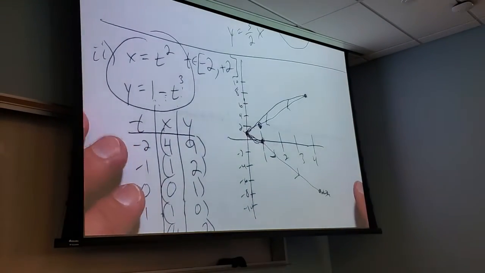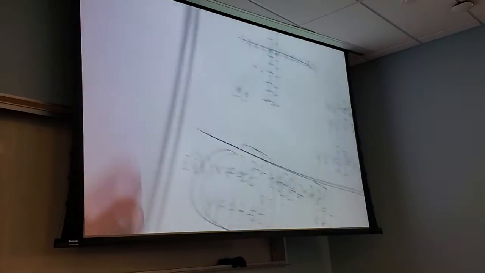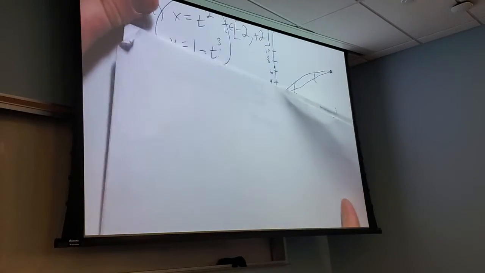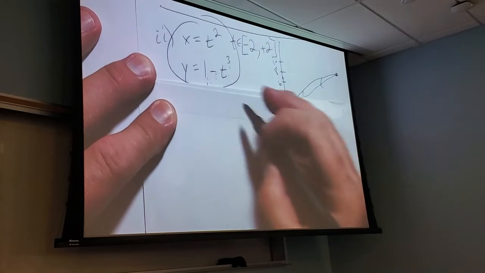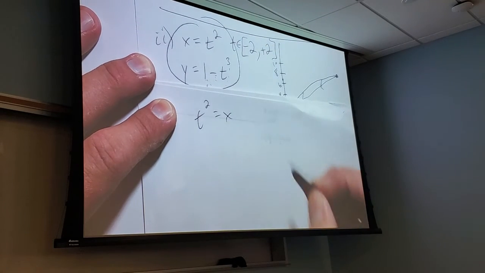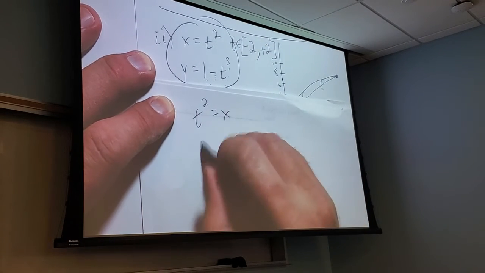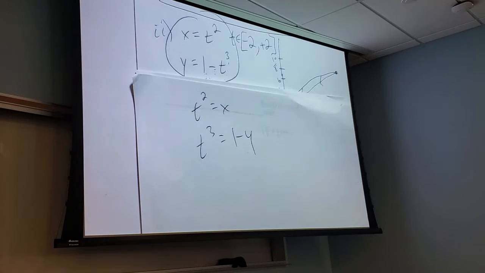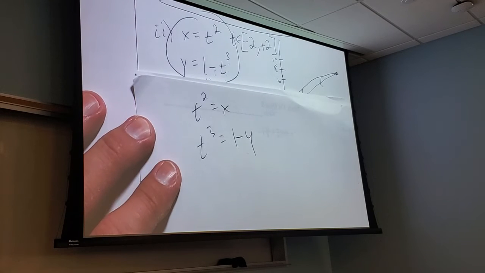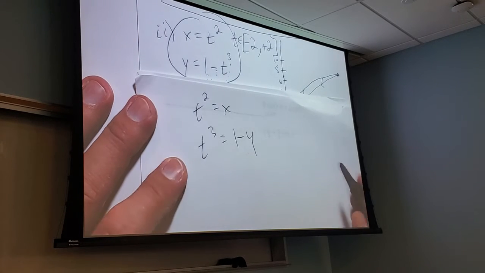Let me show you something kind of funky. This is a semi-difficult problem. Sort of not really, but actually it is. So watch this. t squared is x, correct? And t cubed is 1 minus y. Is that okay if I solve? So let's see if you guys are cool with this.